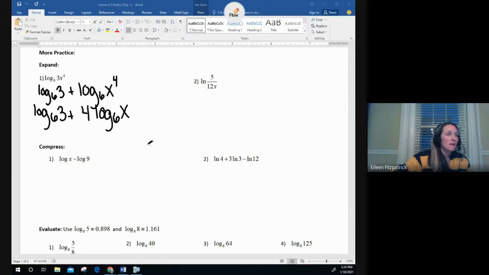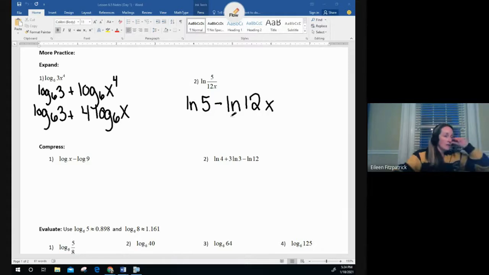For the next one, I'm first going to take care of the division. So I'm going to have ln 5 minus ln 12x. Then take care of the multiplication. Because I'm going to break this apart and there's a subtraction sign here, put parentheses, because that does affect your answer.